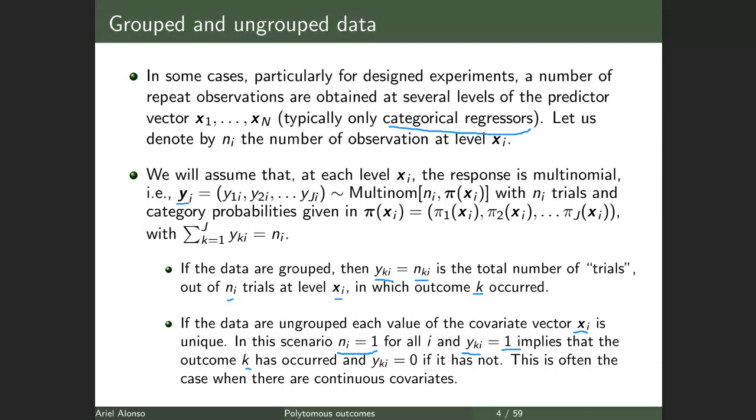So for every subject you have a vector yi whose components are zeros and ones. One of them is 1, indicating the outcome that was observed, and all the other components are equal to 0. That's when you do not have repeated measurements.